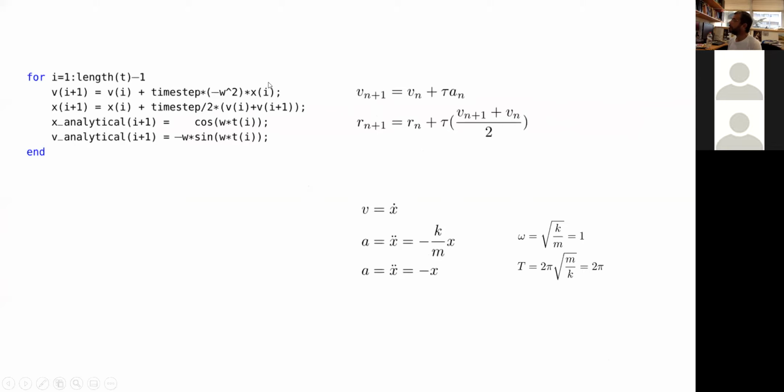For example, for the next velocity, I take the previous velocity from the previous time step and add the time step times the acceleration from the previous time step. And I continue in order to find the position in the next iteration: the previous x plus the time step divided by 2 times the velocities from the current and the previous iteration.